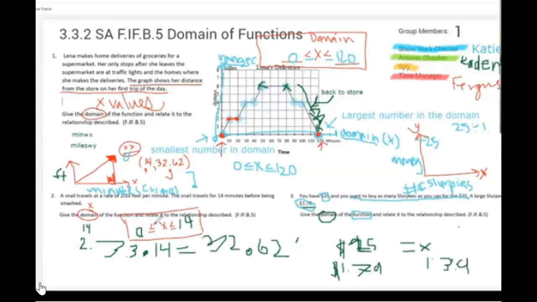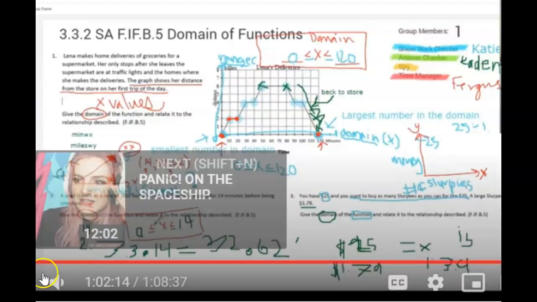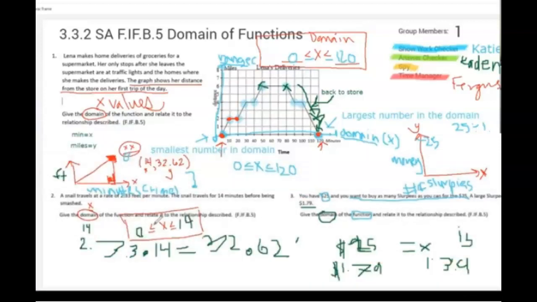But we would pretty much just round. We don't have enough to buy another Slurpee, so we don't have enough to buy 14, do we? So it'd have to be 13. What do you think about that, Katie? Yeah, because you can't buy a fraction of a Slurpee.